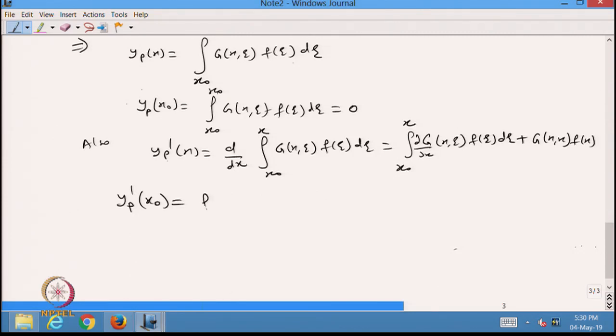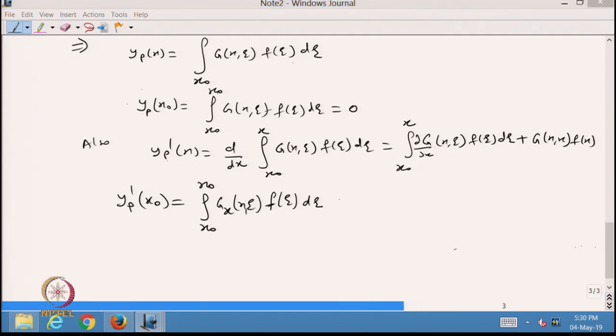This will again be the integral from x naught to x naught of del g by del x, plus g(x naught, x naught) f(x naught).